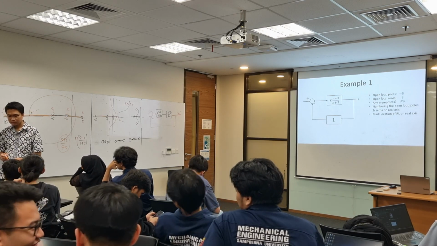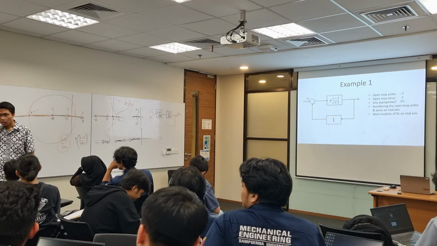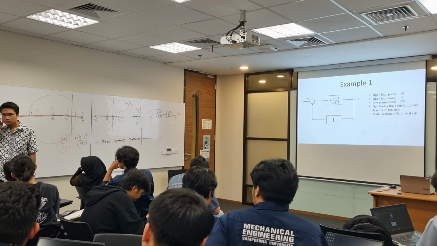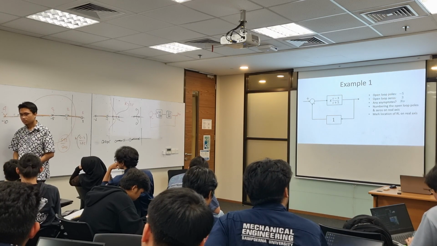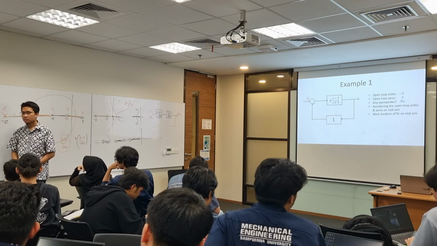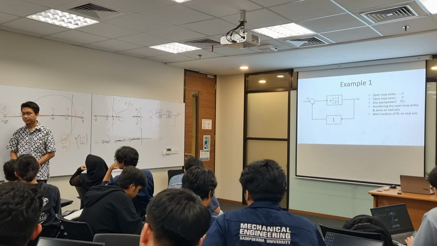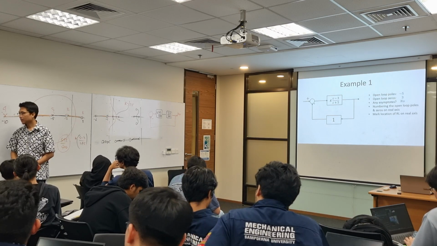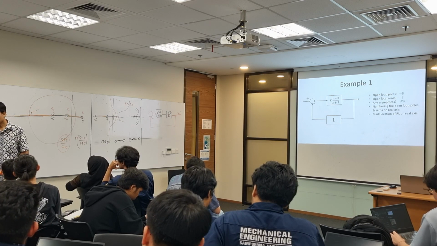Let's say we have an odd amount of poles and zeros. So 1, 2, 3. That means the locus is in between 1 and 2, and then from 3 to infinity. But it is impossible to have 2 zeros and 1 pole.